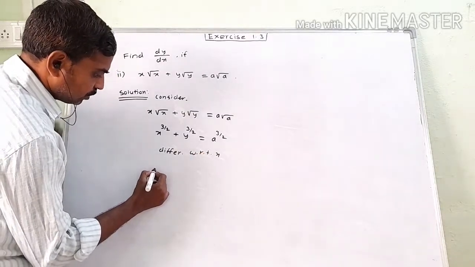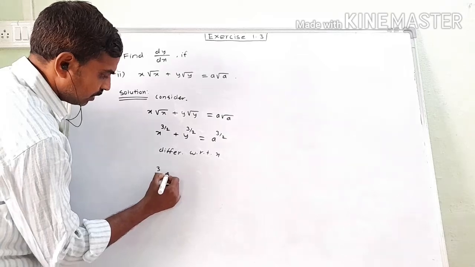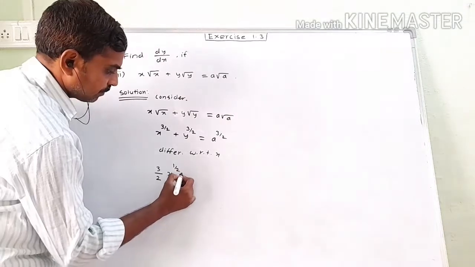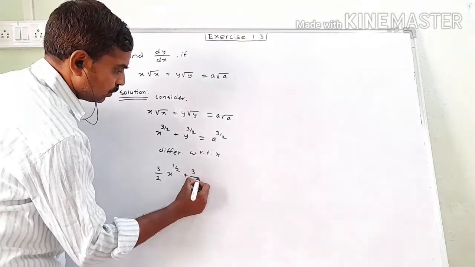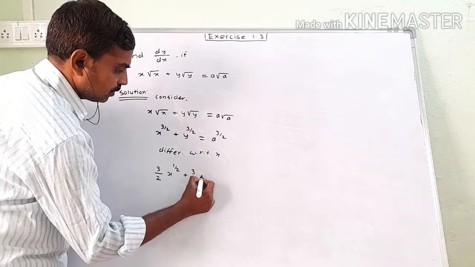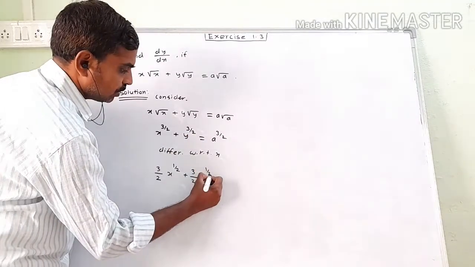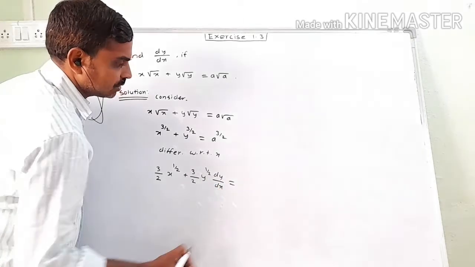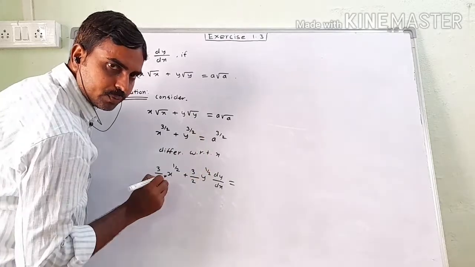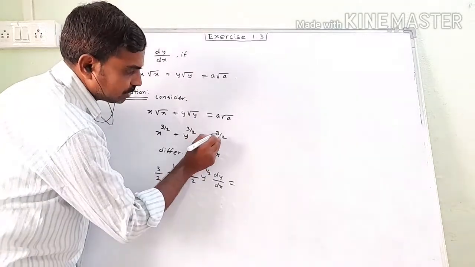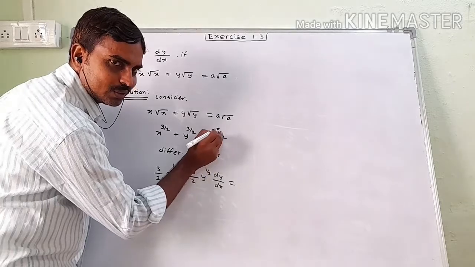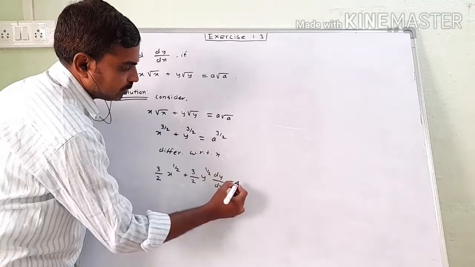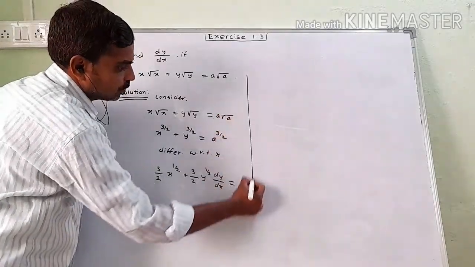What is the derivative of x raised to 3 by 2? 3 by 2 power into multiplication. 3 by 2 minus 1 means 1 by 2 will occur, plus 3 by 2 into multiplication. y raised to 3 by 2 minus 1 means 1 by 2, and into again dy by dx should be there from the chain rule. Again, the derivative of a raised to 3 by 2 means 3 by 2 into a raised to 3 by 2 minus 1 is wrong, because a raised to 3 by 2 is constant and its derivative is 0.